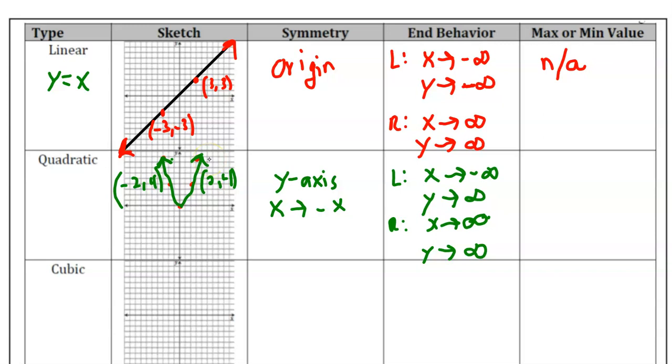It has a minimum value because this is down here, isn't it? It's got a minimum value of 0 at the ordered pair 0, 0.